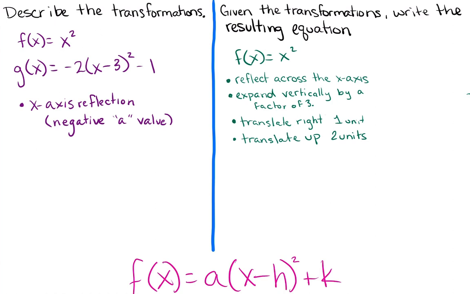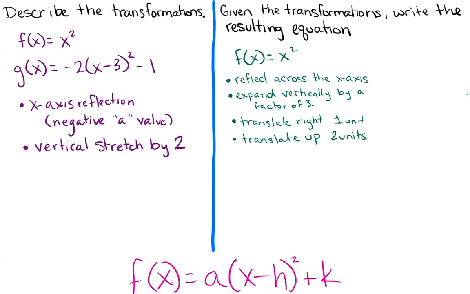Okay. The second one is that my a value is not 1. My a value in this problem is a 2. And because that number is bigger than 1, I'm also going to have a vertical stretch by 2.